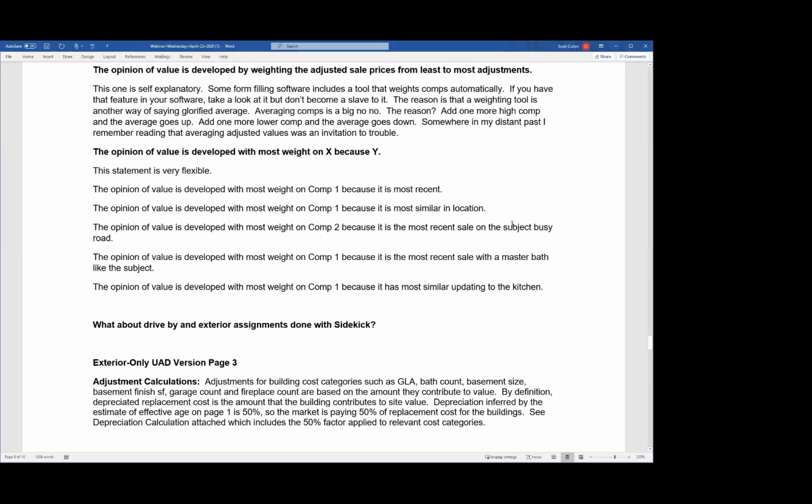When the micro location is very important, like they might be on the same side of the same lake, and there's very few other lakeshore sales. The opinion of value is developed with most weight on comp 2 because it is the most recent sale on the same busy road as the subject. That's another big one.